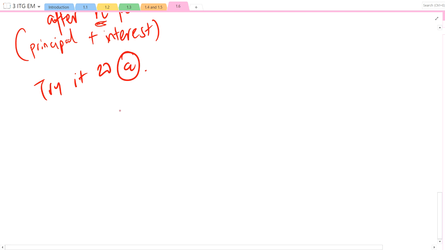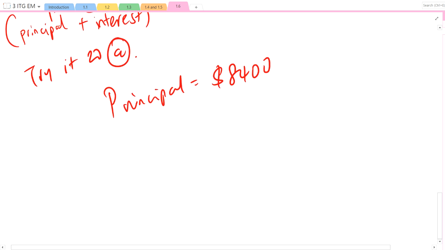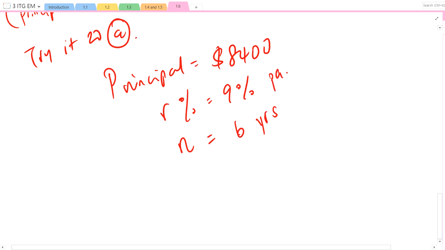Sum 8,400, that's our principal. Invested interest rate 9%, R percent equals 9%. Duration 6 years. So find the interest. Remember, our formula gives us principal plus interest.